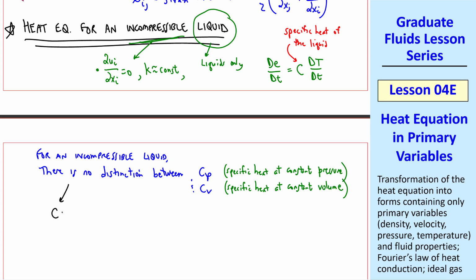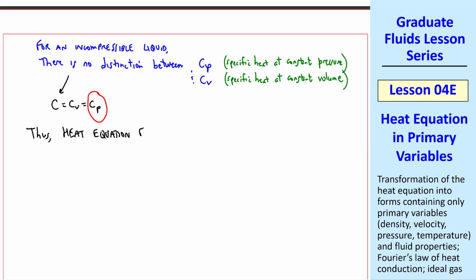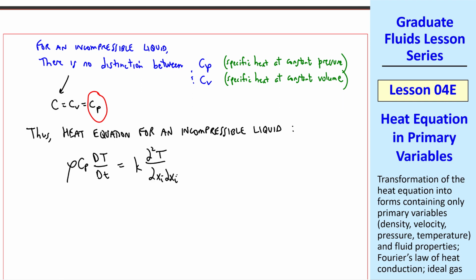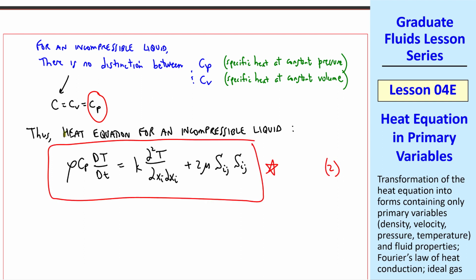In other words, C equals Cv equals Cp. We'll use Cp. Thus, the heat equation for an incompressible liquid becomes rho Cp dT/dt equal k ∂²T/∂xi² plus 2 mu Sij Sij. I'll call this equation 2, which is the heat equation for an incompressible liquid.